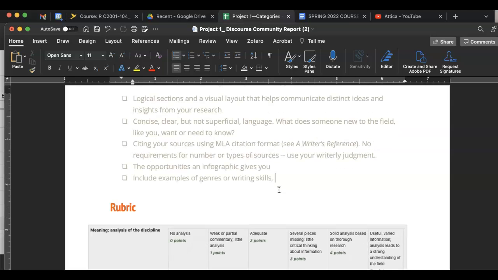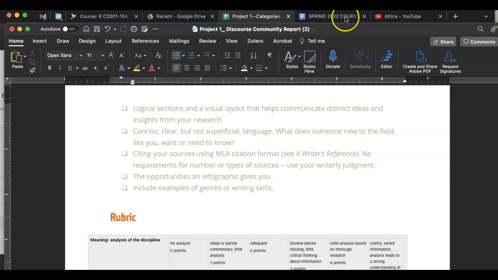I just need to see that you have made an attempt to visually organize your thoughts in and around these sources that you've looked at, and categorize those sources, to really understand, okay, this is the writing that's done in my field.